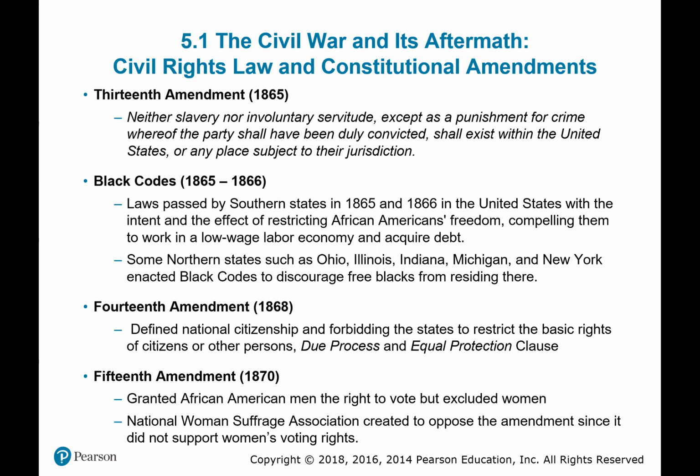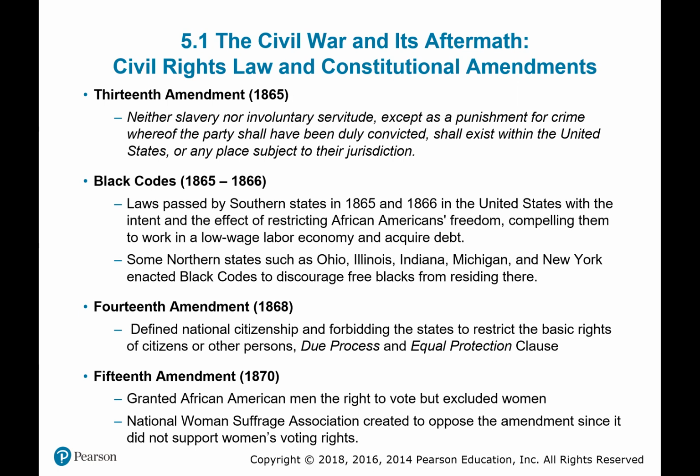1870. If it wasn't clear in the 13th and 14th, they needed the 15th Amendment to state that African American men had the right to vote, but it excluded women, and specifically so. It's actually the first time the word male is used in the Constitution.